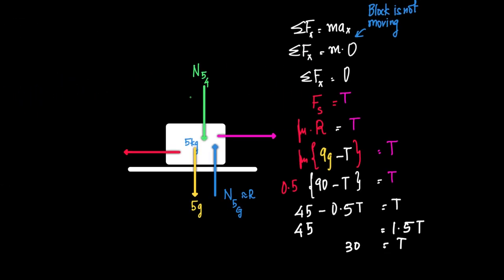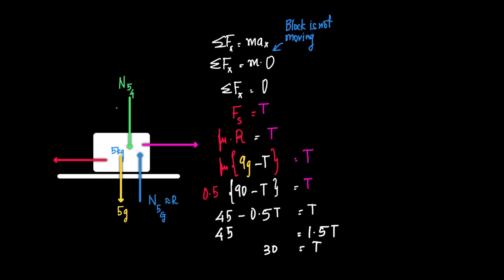Now, since this block is not moving, the velocity in the x direction is 0. Therefore, acceleration in the x direction is also equal to 0. Therefore, m into a is equal to 0. Sigma Fx is equal to 0, which simply translates to forces acting in the left direction being equal to forces acting in the right direction. The only force acting in the left direction is friction. So we have static friction equal to the force acting in the right direction, which is tension T. What is friction?